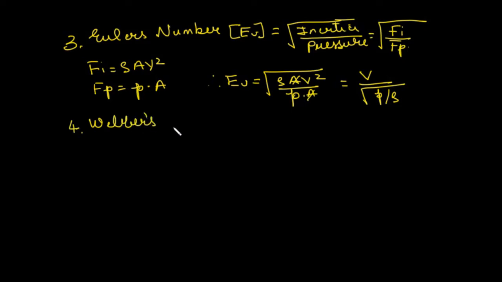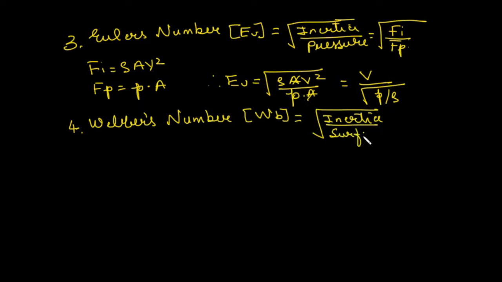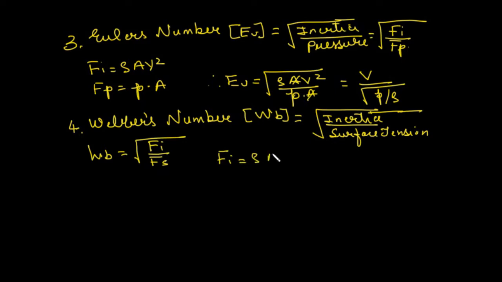The next dimensionless number is the Weber's number. We will denote it by WB, and it is defined as the square root of the ratio of inertia force to the surface tension force.